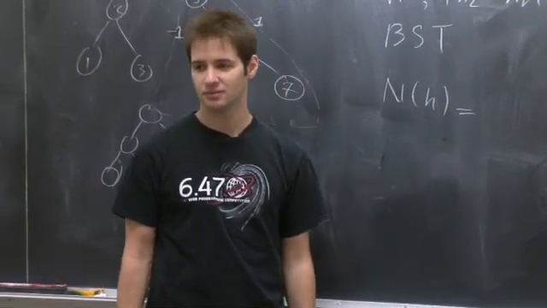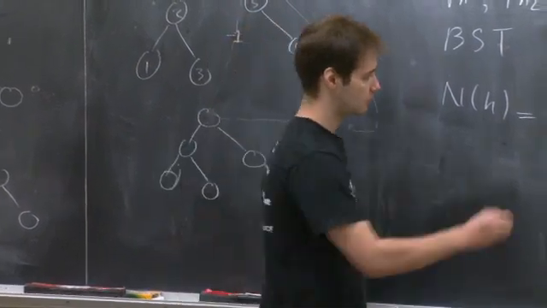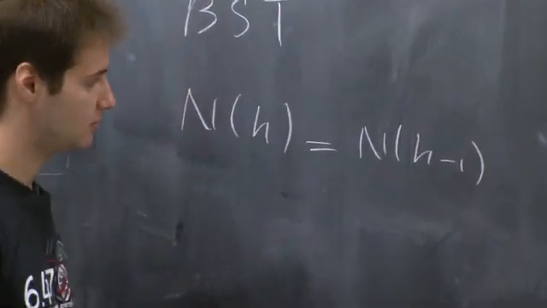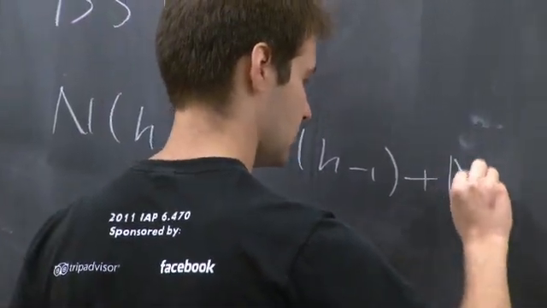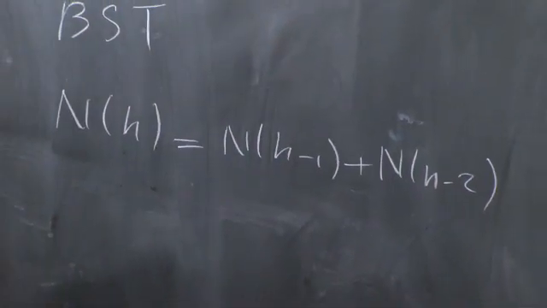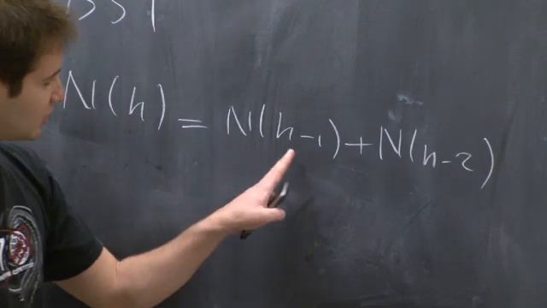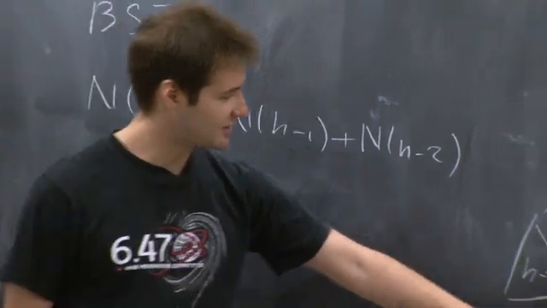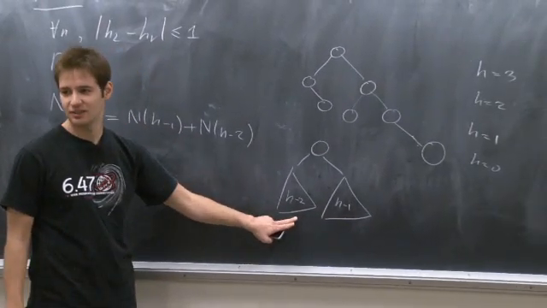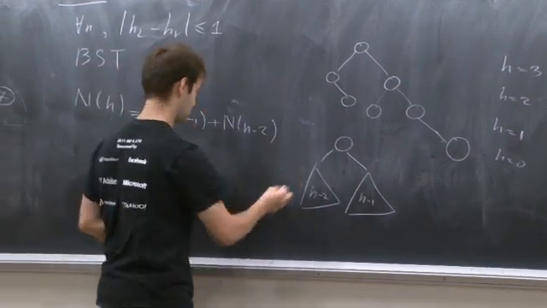It's N(h minus 1) plus N(h minus 2). There might be a constant. So N(h minus 1) is this tree, N(h minus 2) is this tree. So what's the constant? Yep, this guy.